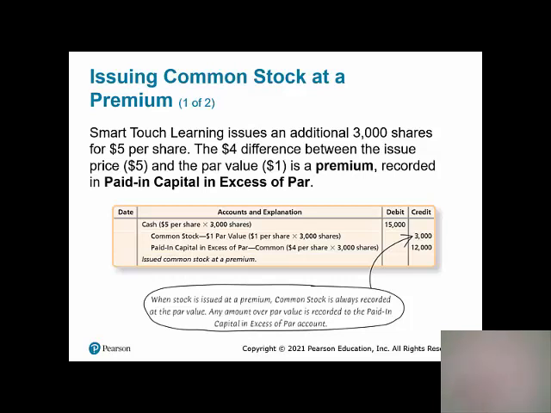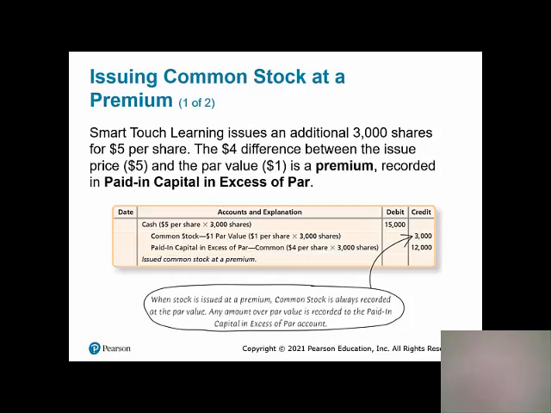So 3,000 shares were sold and the shares have $1 par value. We would debit cash for the total we received, which would be 3,000 times $5 or $15,000, but common stock would only be credited for $3,000, which is $1 times 3,000 shares.